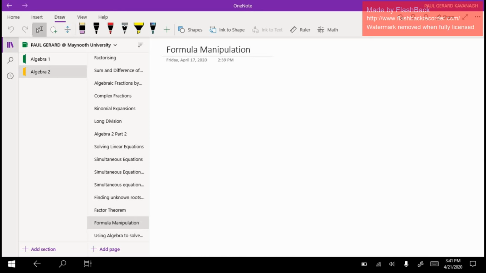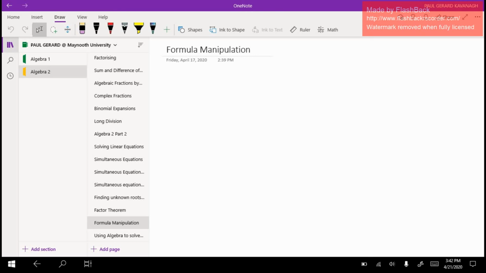It says here that the roots are going to be x equals minus 3, 1, and 2. So those two equations have the same roots, but different coefficients. Now I'm going to go on to formula manipulation.